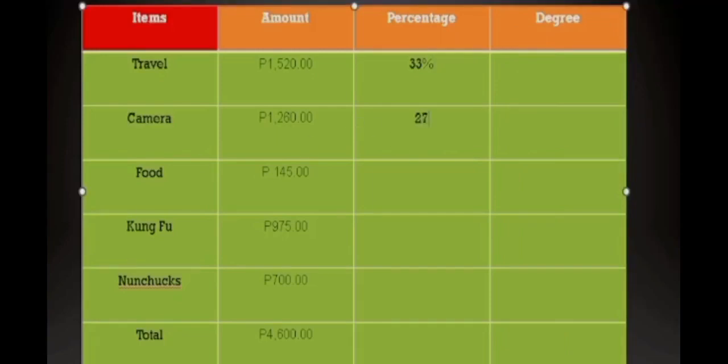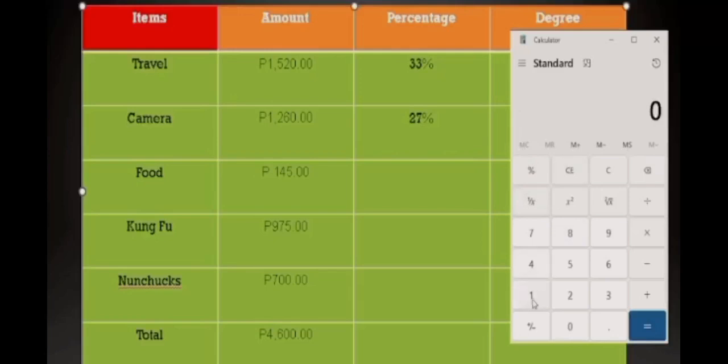Next is the food. The amount of food is 145 pesos divided by the total amount. The answer is 0.031 or 3%. Next is Kung Fu.